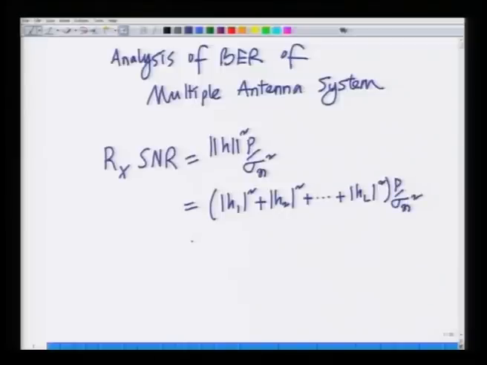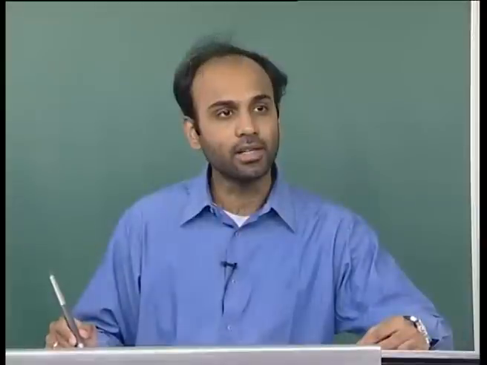That is, the received SNR at the output of the maximal ratio combiner is nothing but magnitude h1 square plus magnitude h2 square, so on up to magnitude hL square, times P over sigma n square, where each magnitude hi square is the square of the magnitude of the ith fading coefficient, which is the fading coefficient between the transmit antenna and the ith receive antenna.